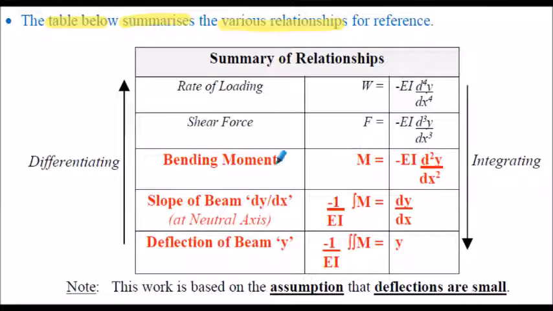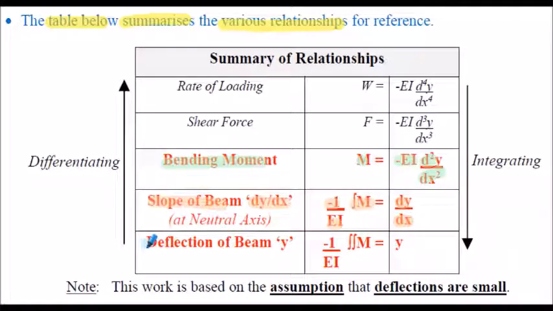If we commence our analysis from the bending moment expression, we can say that M is equal to negative EI multiplied by d²y/dx². If we integrate that expression with respect to x, we'll find the slope of the beam, dy/dx, at the neutral axis. So we can write that as negative 1/EI, the integral of M is equal to dy/dx, that's the gradient equation.